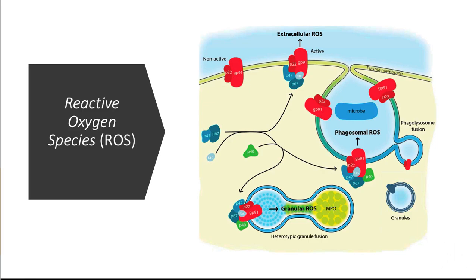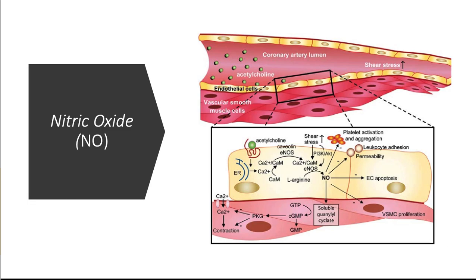Nitric oxide, a soluble gas produced from arginine by the action of nitric oxide synthase, also participates in microbial killing. There are 3 different types of nitric oxide synthase: endothelial, abbreviated as eNOS, neuronal as nNOS, and inducible as iNOS.